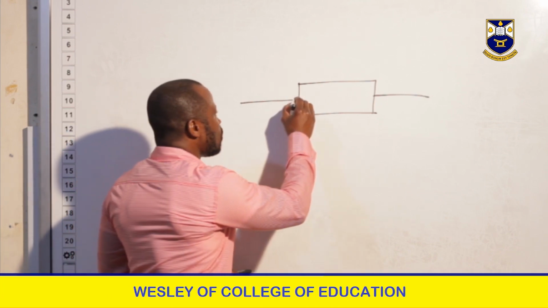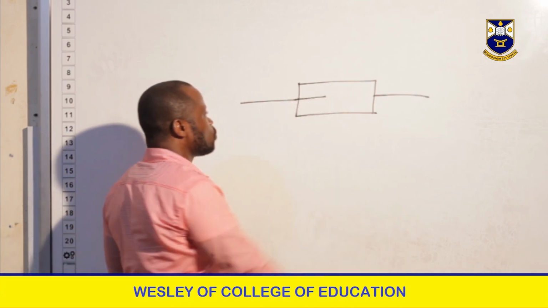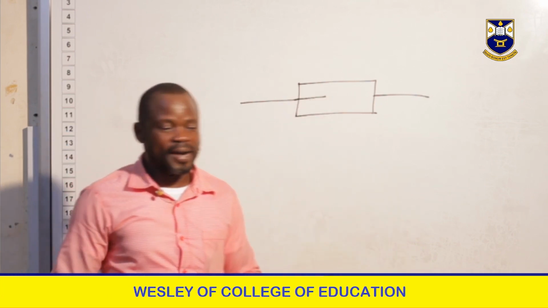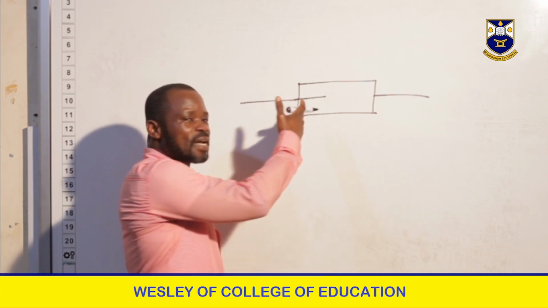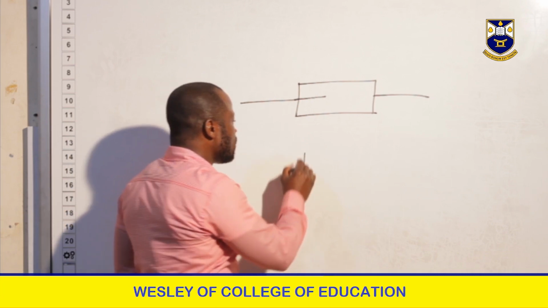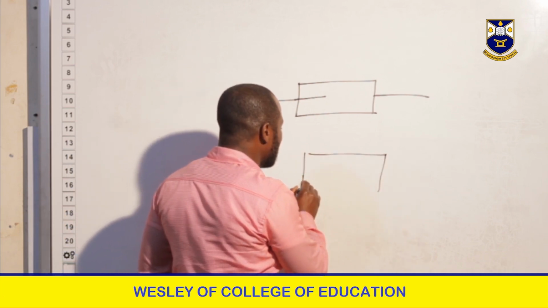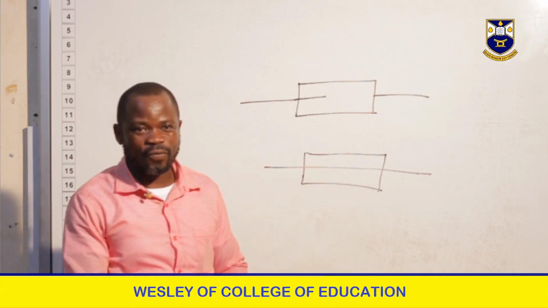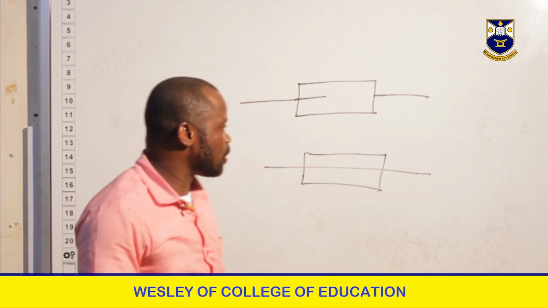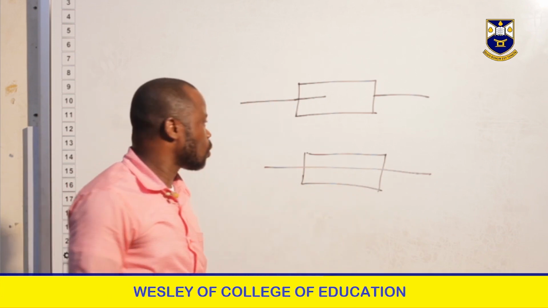Should your line cross into the device, then you have not drawn a resistor. It could be a fuse that is blown, or if you do this, then this becomes a fuse instead of a resistor. So please be careful when you draw these electrical and electronic components.